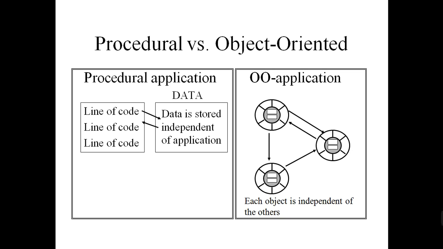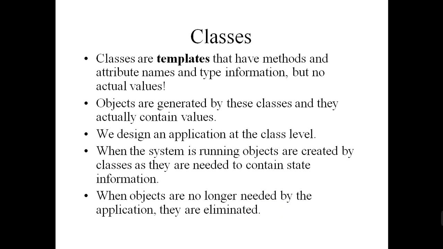But in object-oriented programming, a problem can be defined as objects, and each object consists of data and functions. This is the difference between procedure-oriented and object-oriented. Go to next. Classes. Class is the second most important concept of OOPS. Class is a template.